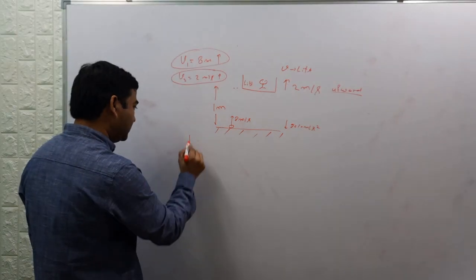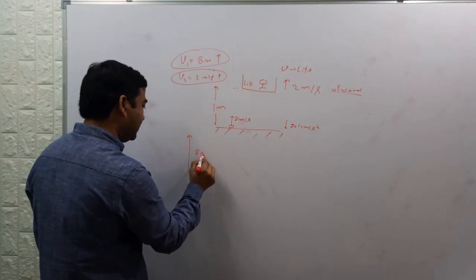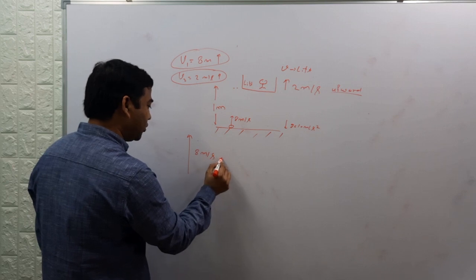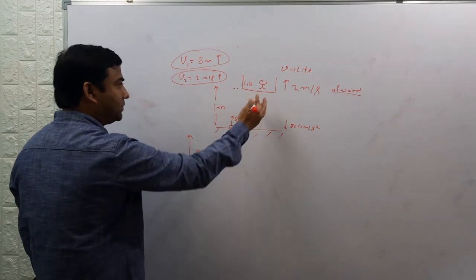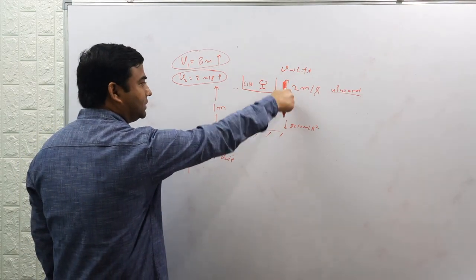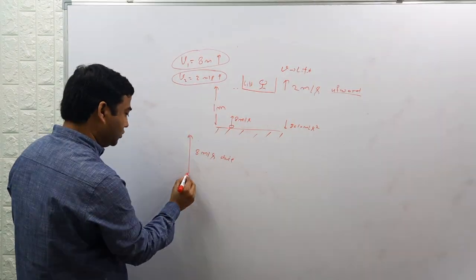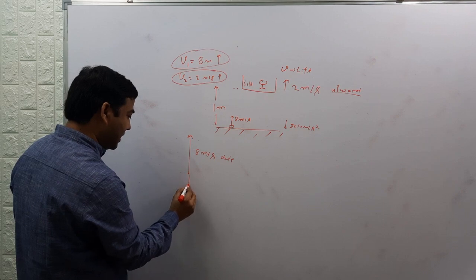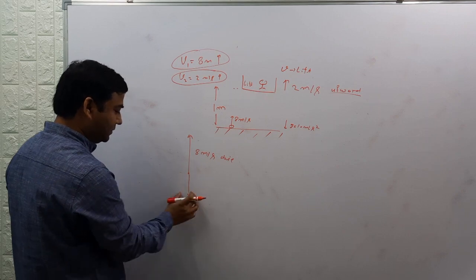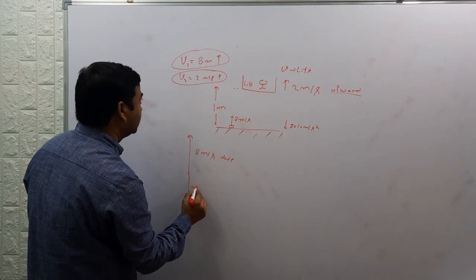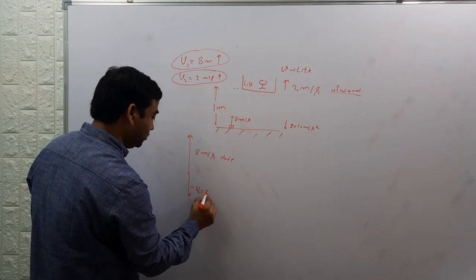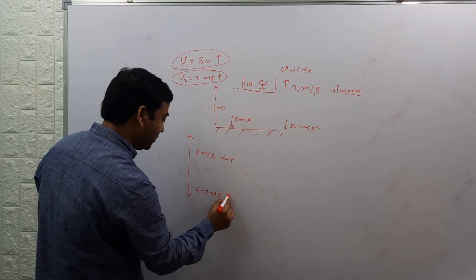So this is the velocity vector 8 meters per second for the object. I have to subtract the velocity of the lift, that is 2 meters per second upward. To subtract it, I will write minus v2, which is equal to 2 meters per second downward.